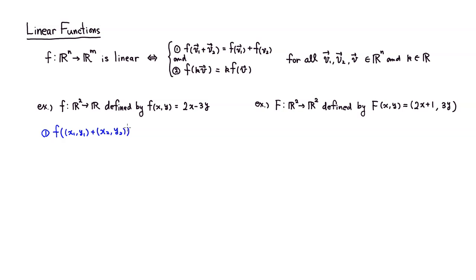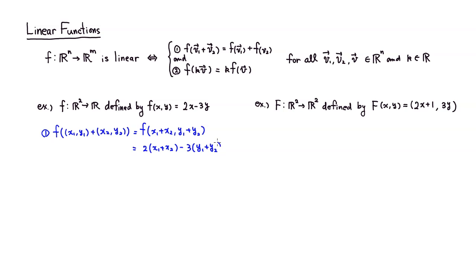This is simply the same thing as adding the x components together, so x1 plus x2 comma the y components together, y1 plus y2. Then if you apply the definition, it's 2 times the first component, so 2 times quantity x1 plus x2, minus 3 times the second component, which is y1 plus y2.